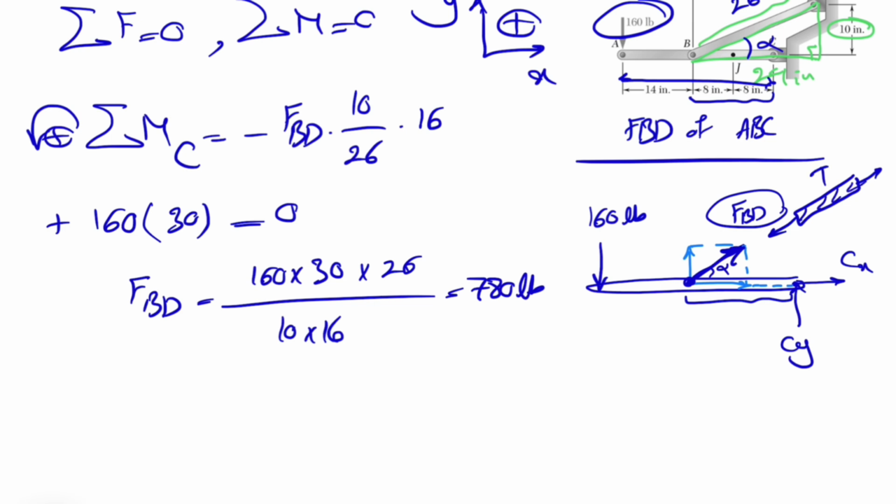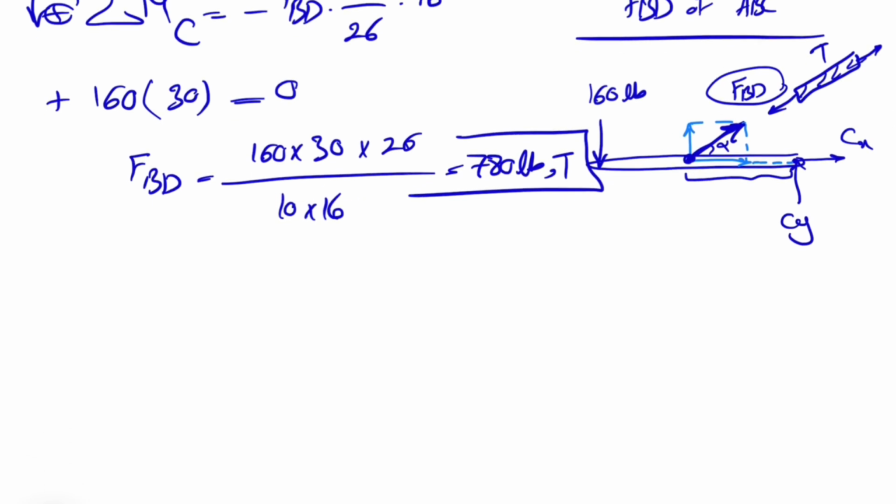So this is the member BD, which means it's in tension. That's how we specify if the member is in tension or compression: T for tension and C for compression. So now it's pretty easy. We have two more equations, Fx and Fy, and we can find the other unknowns.